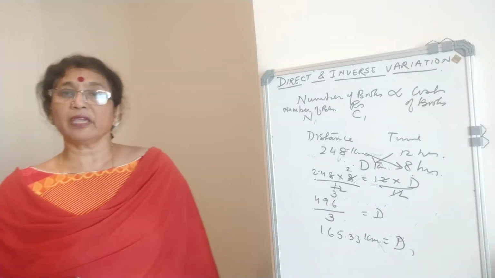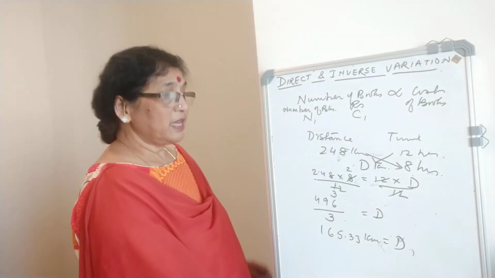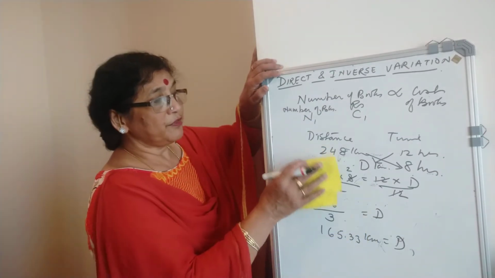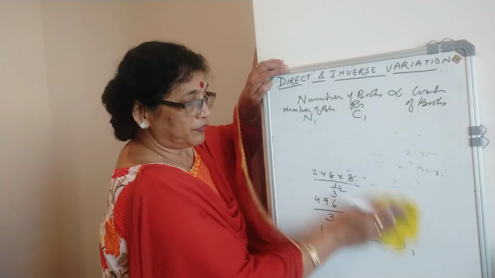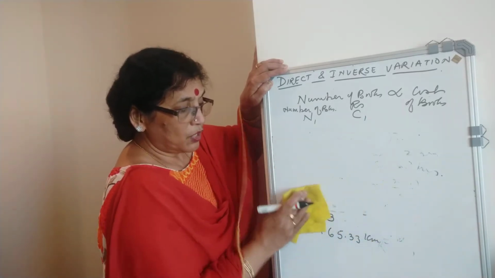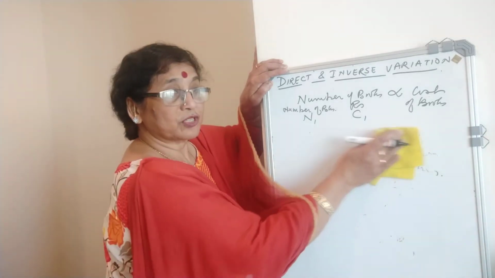Okay. So basically, if you see in direct variation, you have seen this kind of sums where they are directly proportionate.